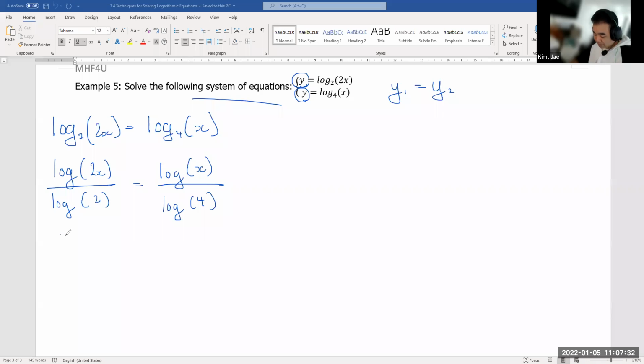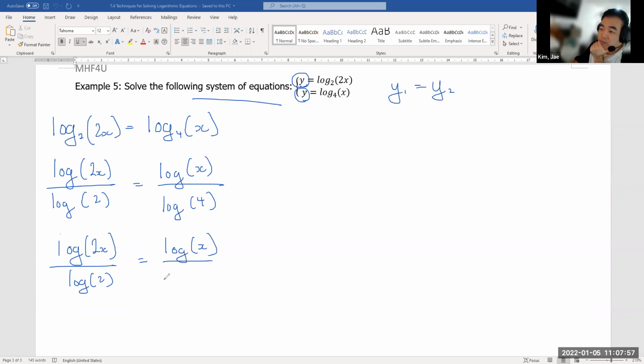Should I go one step further and use a law of log? Yeah, how about we do that? Log 2 of x. Stopping right there. Would you agree that log of 4 is the same as log of 2 to the power of 2?